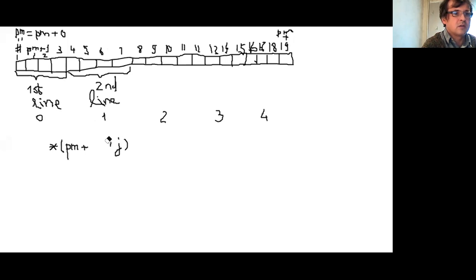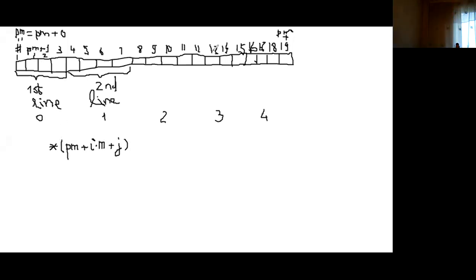So I times m and plus j. This is the rule how to take the value which is located in each place of memory. Yes, so this is the rule for a matrix, how to get the value.